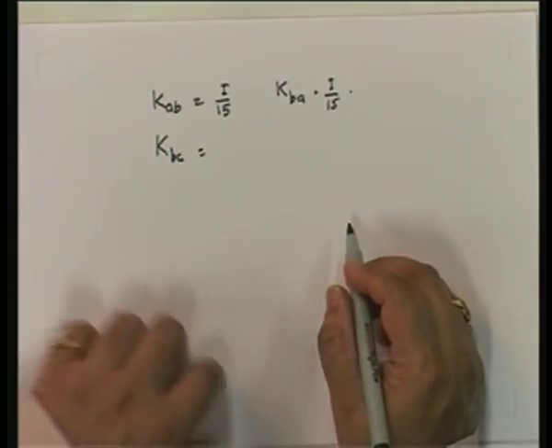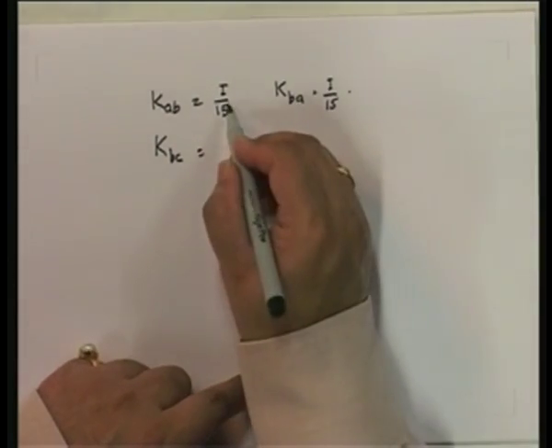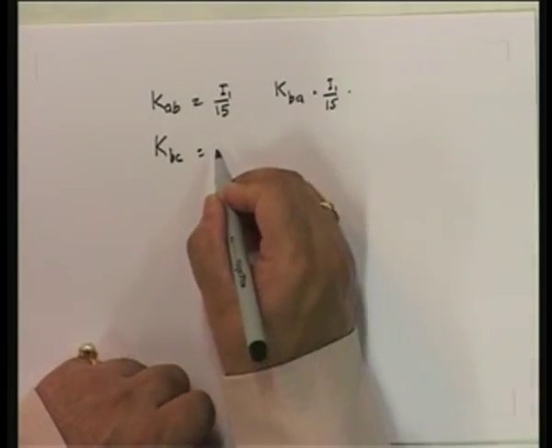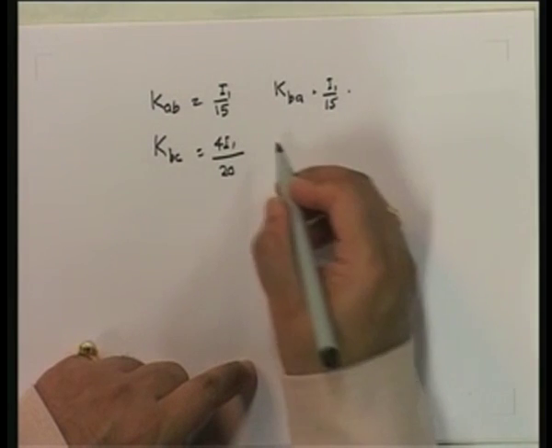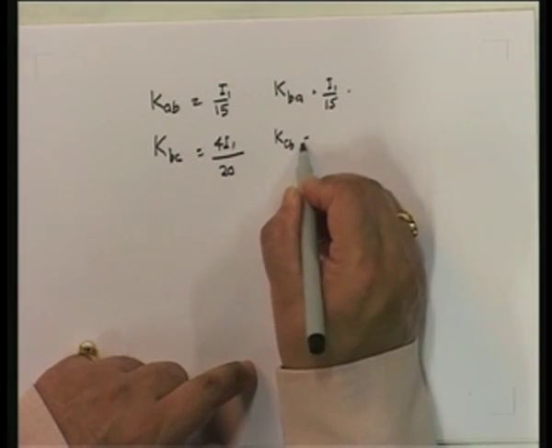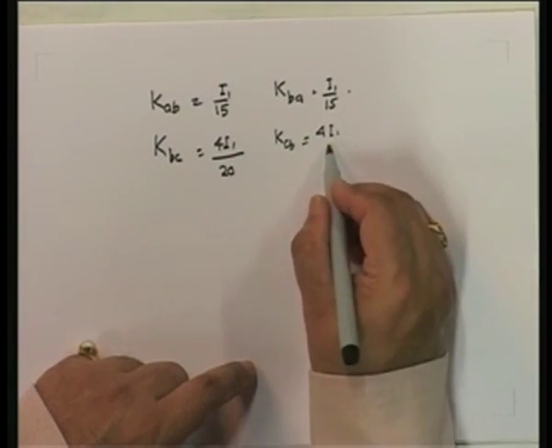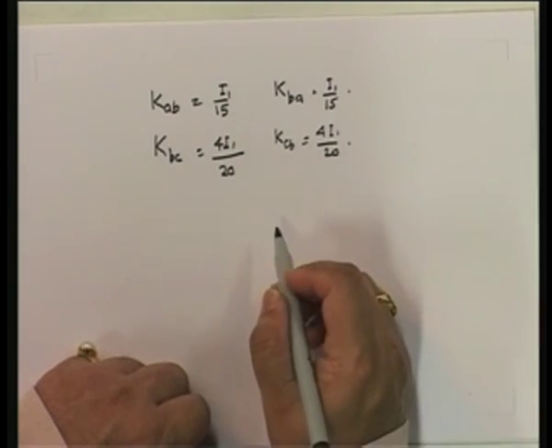KBC, if you look at BC, we saw that the moment of inertia of BC was 4 times I. So we have 4 times I1 upon the total length, which is 20. KCB is similarly 4I1 upon 20.